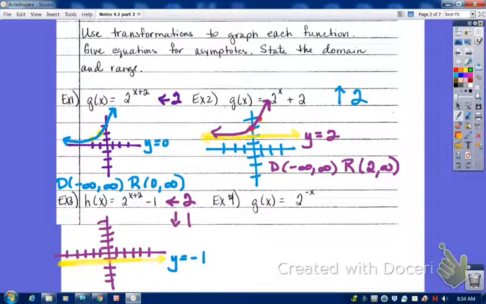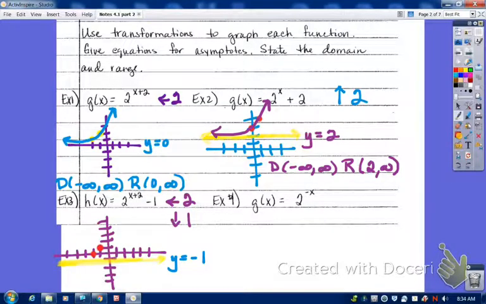You're going to take the 2 points and you're going to move each one of those points to the left 2 and down 1. So I'm going to start with 0, 1. I'm going to go left 2, down 1. That puts me at negative 2, comma 0. And then if I'm at 1, 2, and I move left 2 and down 1, does that put me at negative 1, 1?